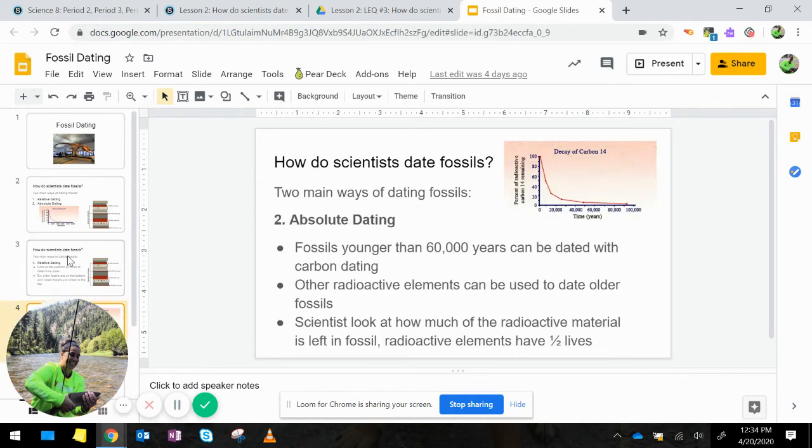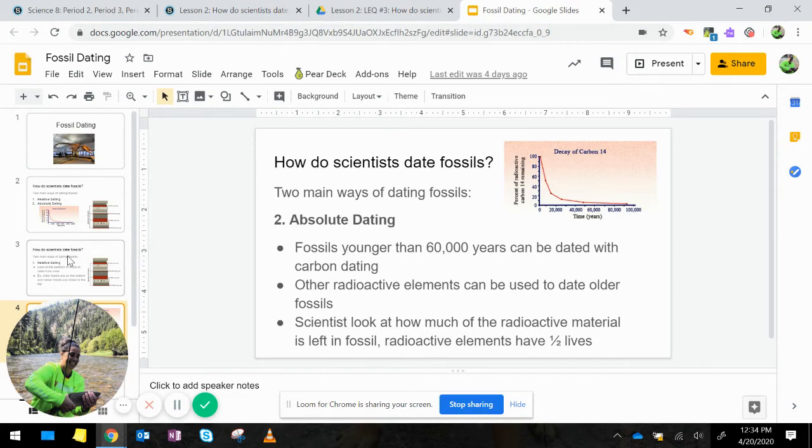The other type of dating is called absolute dating. This is where scientists actually take samples from the fossil and use radioactive elements to try to date the fossils. One of the things you've probably heard of before is carbon-14 dating.